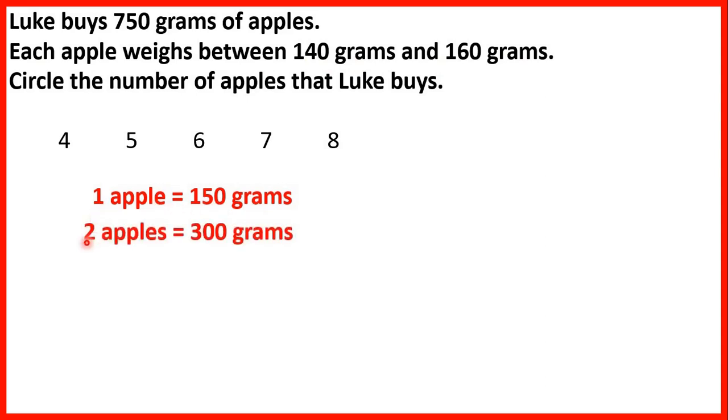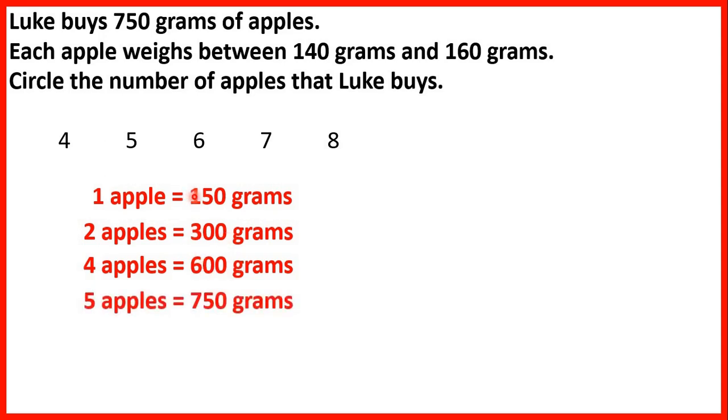So that means 2 apples will weigh about 300, because 150 times 2 is 300, and then if we double again, 4 apples will weigh 600, because 300 times 2, or 300 plus 300, is 600. So then, if we add another 150 grams, that's just one more apple, so the number of apples that Luke buys is 5.